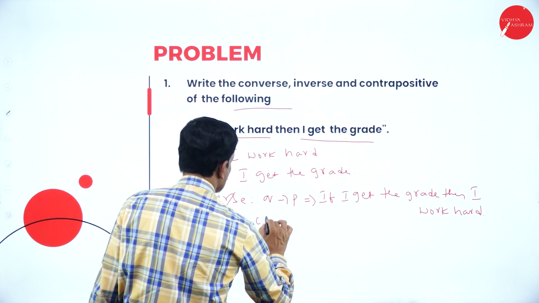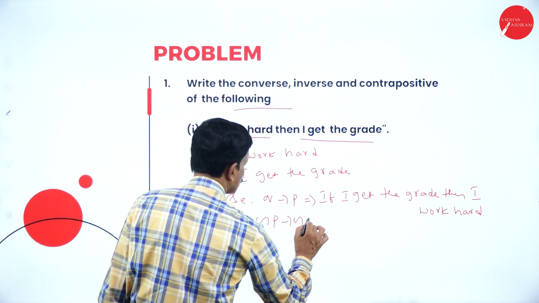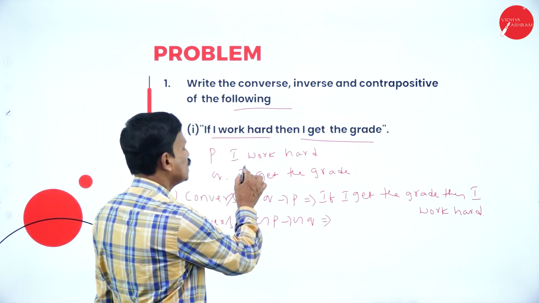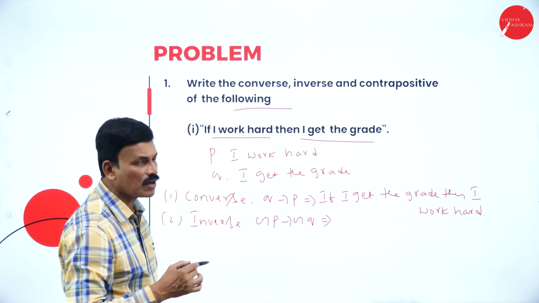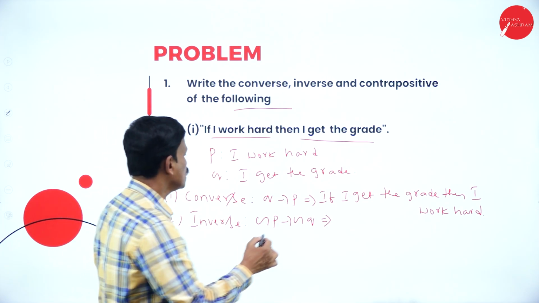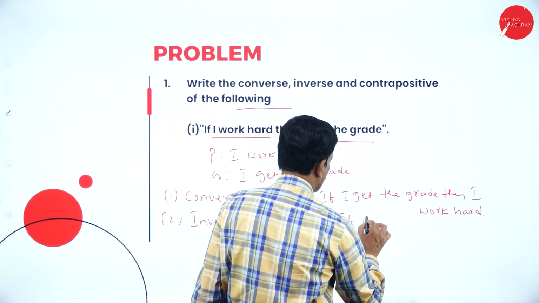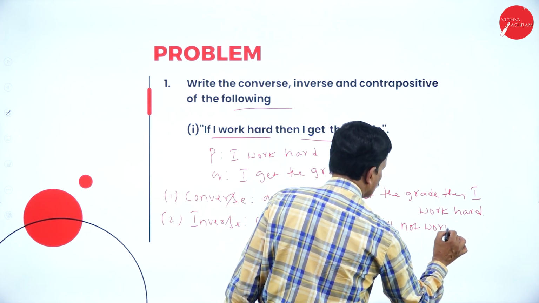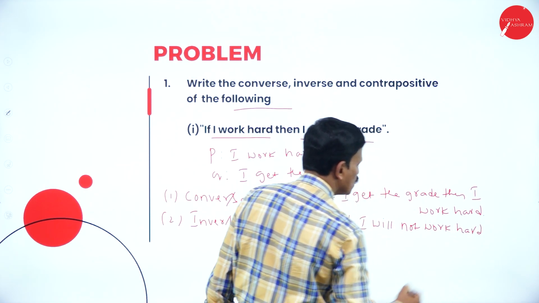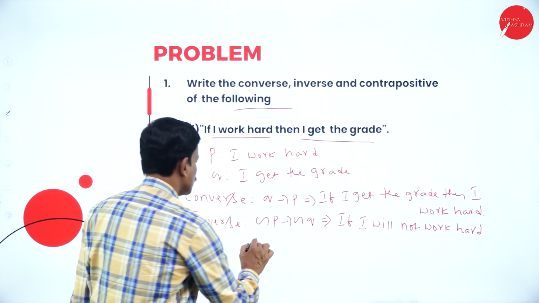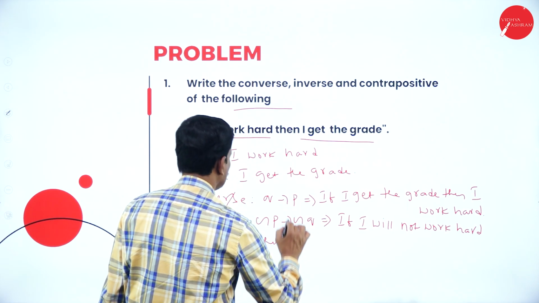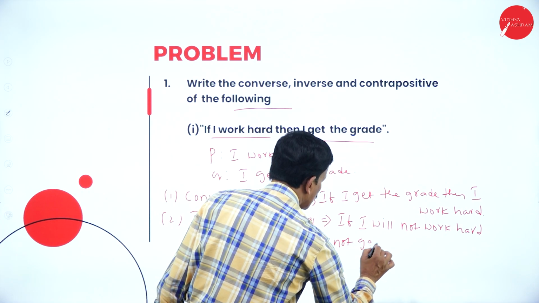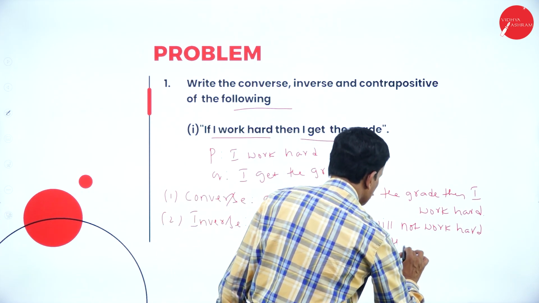Inverse of this is negation of P conditional to negation of Q. What is that? Negation of P. If I work hard, the negation of this is if I will not work hard, then the negation for this is I will not get the grade.